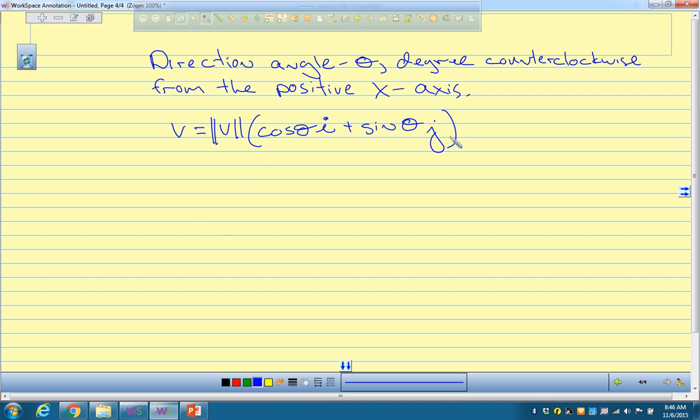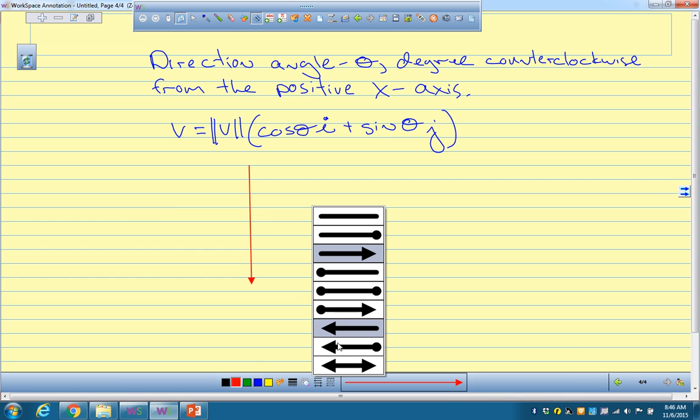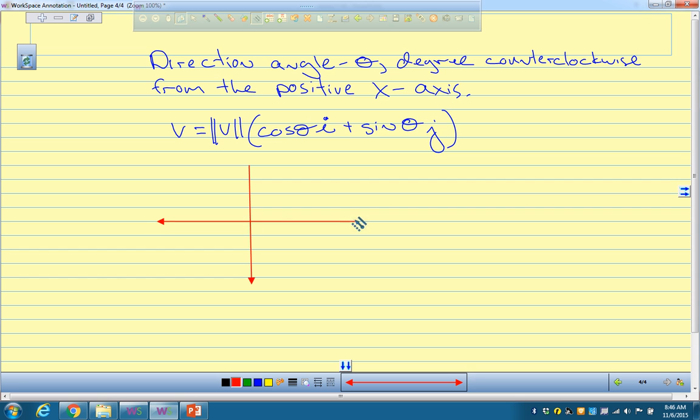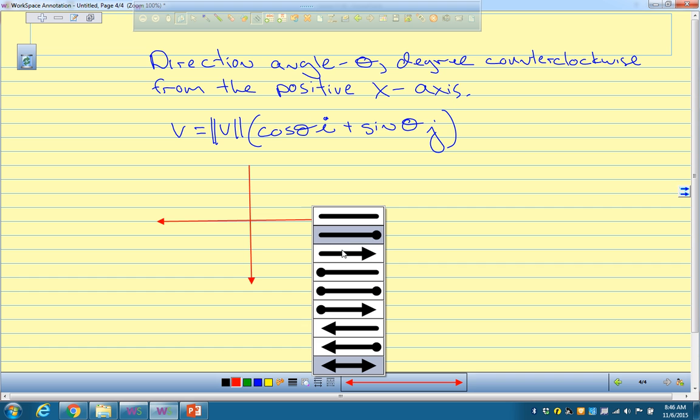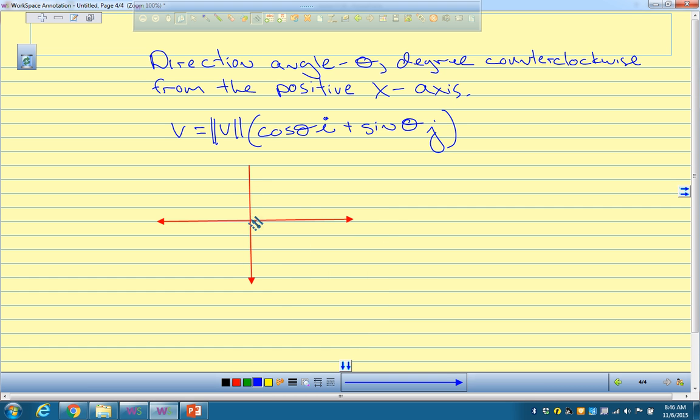So if they have a picture like this, I should put arrows on both ends, I guess it doesn't really matter, and you have some vector that's going up, where this is 30 degrees, and this has a length of, say, 50 going this way.